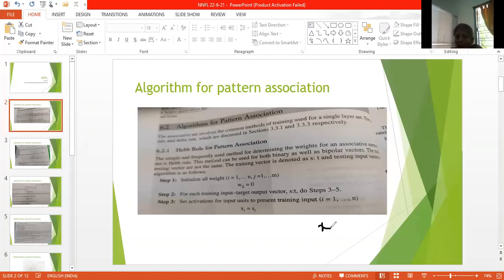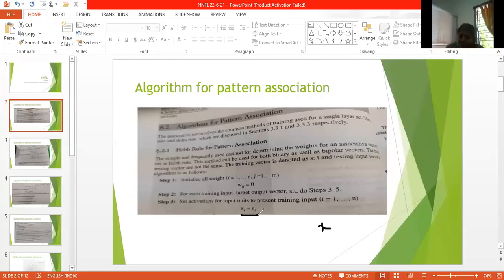You have five different steps in Hebb's rule. First step, initially all the weights are assumed to be zero, so Wij equals 0. For each training input target output vector s:t, you need to repeat steps 3 to 5. Step 3, set activation for input units to the present training input, so xi equals si.